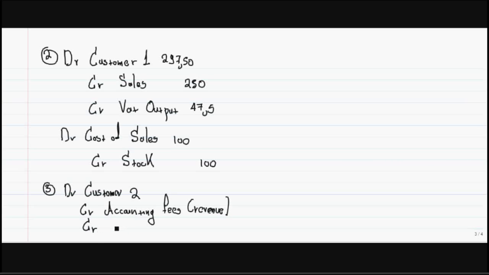VAT payable, VAT on sale, is called VAT output. Our net sales is 500. The VAT is 500 multiplied by 19%, and customer 2 needs to pay us the total amount of 595 euros.